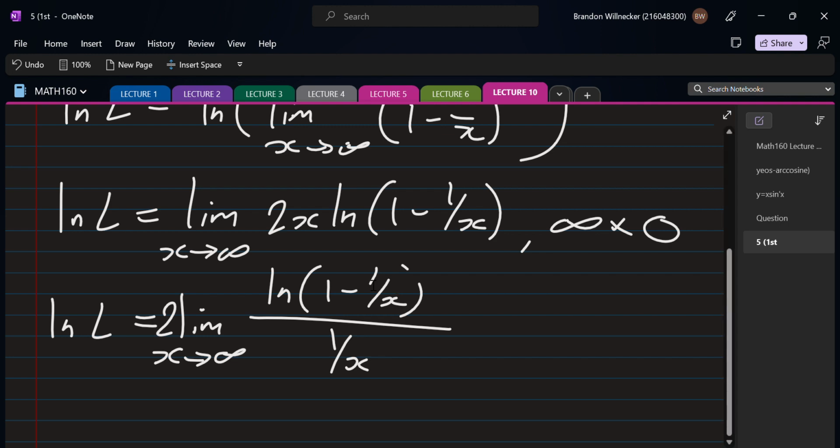We'll see that this term inside here, when we use the chain rule, cancels with this denominator. So whenever you have a 1 over x, when you differentiate it, you get 1 over x minus 1 over x squared. Here we've got a 1 over x in the denominator.